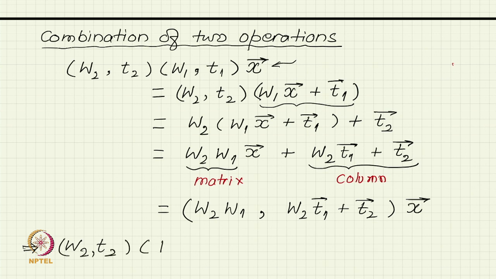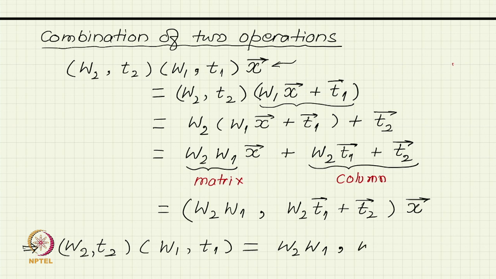that multiplying two Seitz operators, or multiplying two symmetry operations, one symmetry operation followed by another, with translations now. Previously, we were ignoring the translation, so we had a simpler formula where you simply multiply the matrices. Now, since each symmetry operation involves translations also, you get a slightly more complicated formula, where the matrix part is, as seen previously, simply the multiplication of the two matrices.